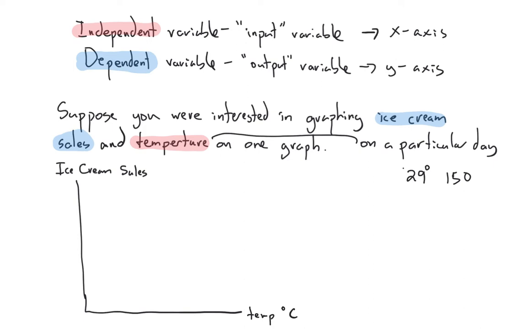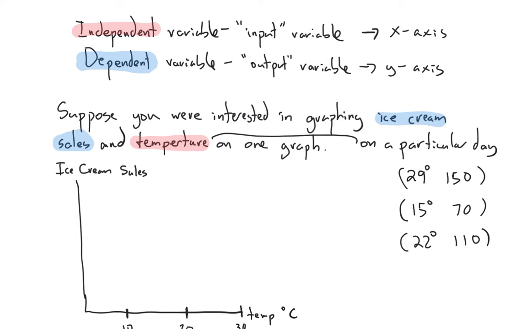So let's say we have the following 3 points we want to graph: 29 degrees, 150; 15 degrees, 70; and 22 degrees, 110. So it looks like our temperature goes up to 30, we'll say. So maybe let's put in some markings here: 10, 20, 30 degrees.